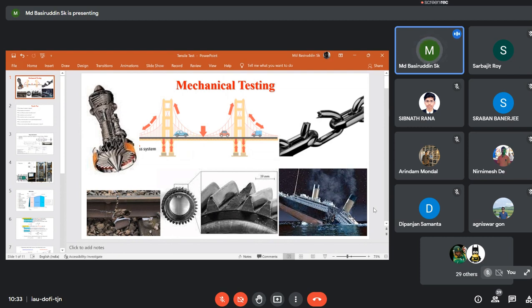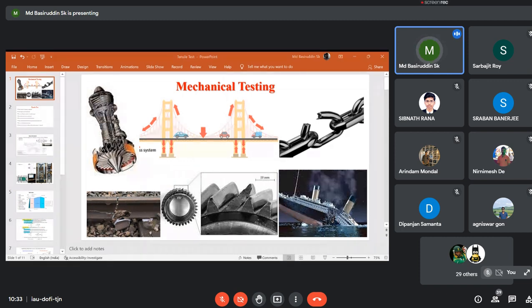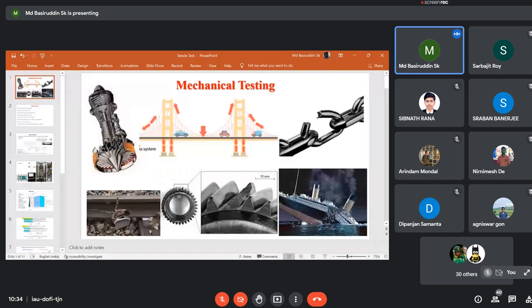The material should experience high load as well as high temperature. So the material which we need to use must withstand those problems. That is why HSS steels are basically used.